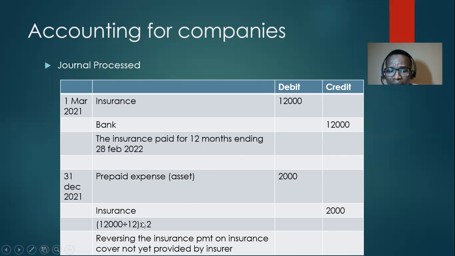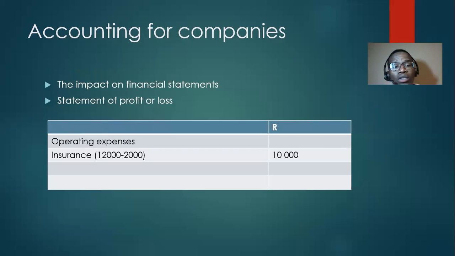Then it needs to be adjusted so that it fairly represents what happened during the year. Then your impact on your statement of profit or loss, operating expenses. Yes, insurance is an expense. It's an operating expense. Then you pay 12,000, you adjust for 2,000. It means the insurance that was utilized throughout the year was 10,000 rand, not the whole 12,000.